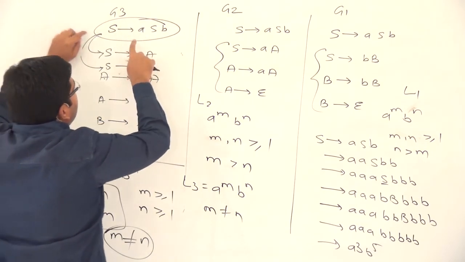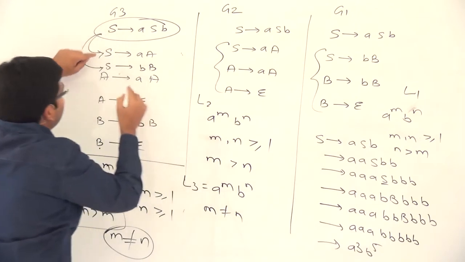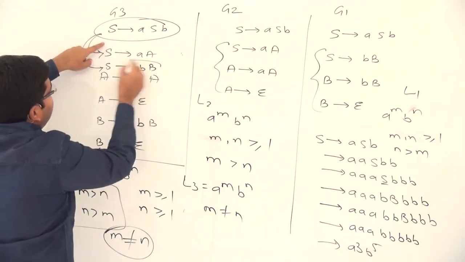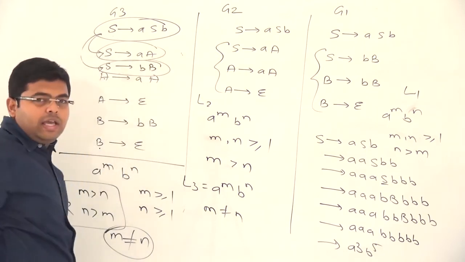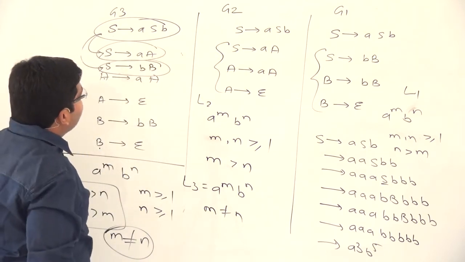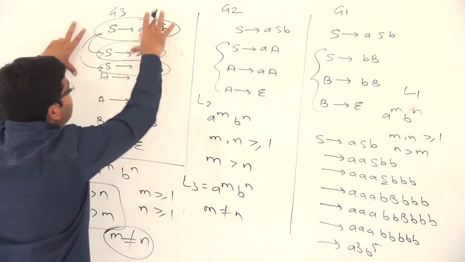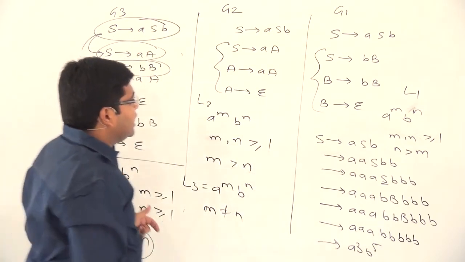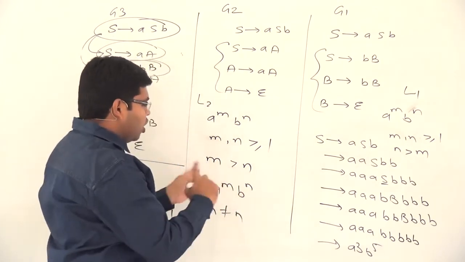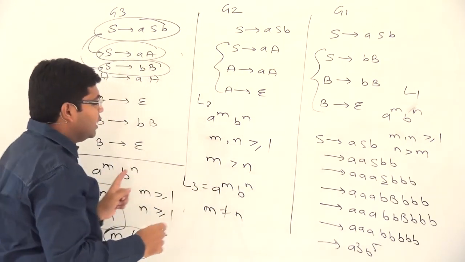However, when you want to go into G1, you will replace this S with BB, and whenever you want to go into G2, you will replace this S with AA. And thus G3 is nothing but the union of G1 and G2. And also we can say that when you take the union of L1 and L2, you will get L3.